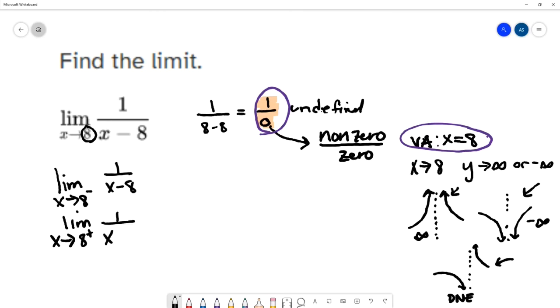So to figure out what's happening on the left and the right, I'm just going to pick a number that's a little bit smaller than 8 and a number that's a little bit bigger than 8 so I can figure out positive infinity or negative infinity.